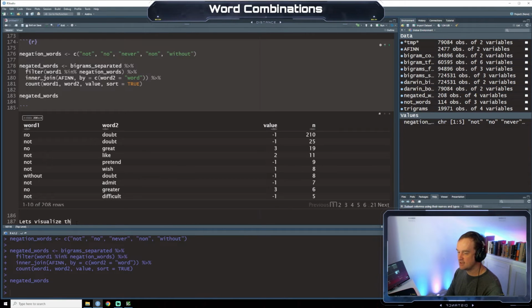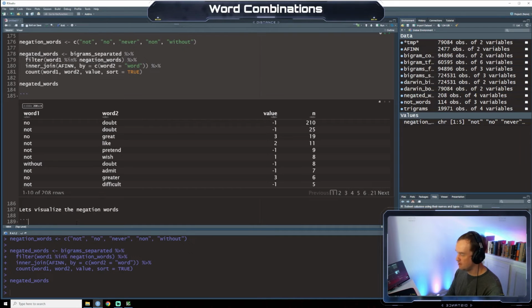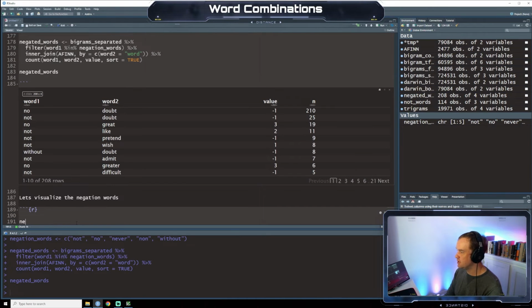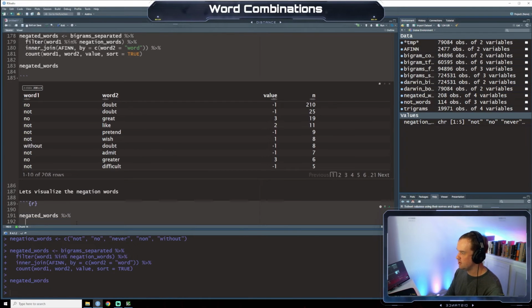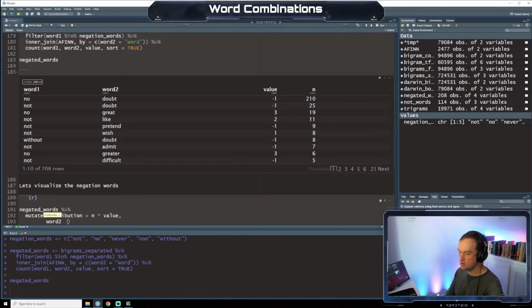Okay, so let's visualize the negation words. We have negated words, mutate contribution equals n times value, word 2 equals reorder paste, word 2, word 1, sep equals, and we're going to do an underscore as our separator, and then contribution.